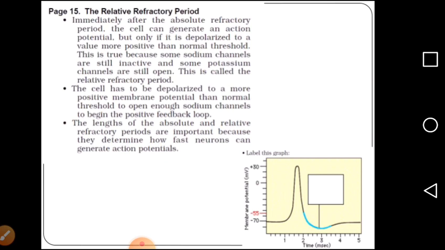This is true because some sodium channels are still inactive and some potassium channels are still open. This is called the relative refractory period. In this scenario, the cell has to be depolarized to a more positive membrane potential than the normal threshold to open the sodium channels. That means that more than normal stimulus is required to generate an action potential.